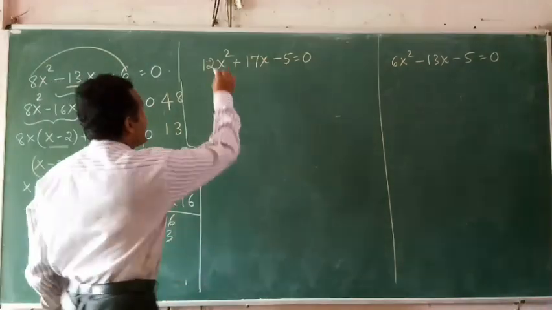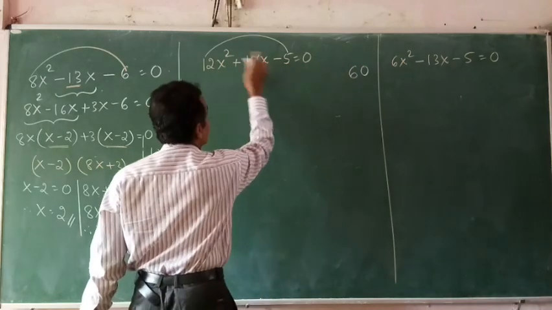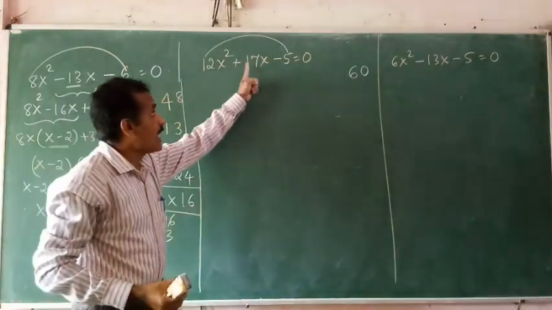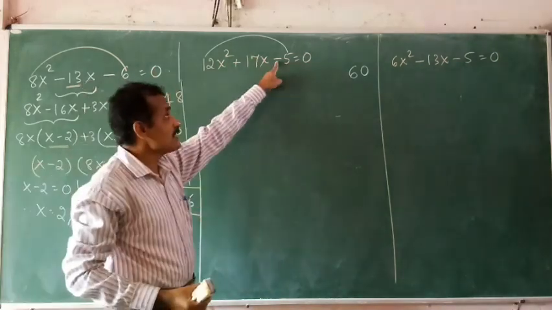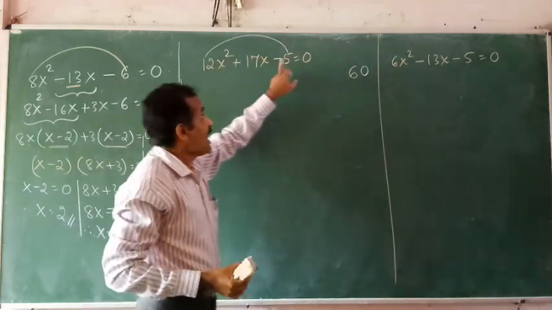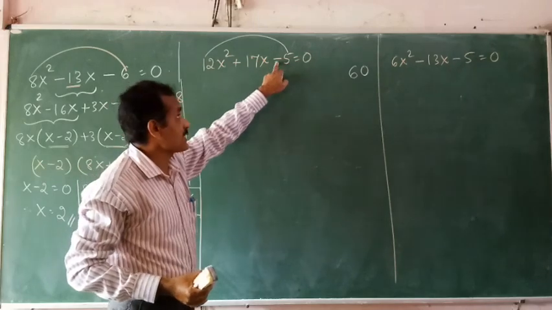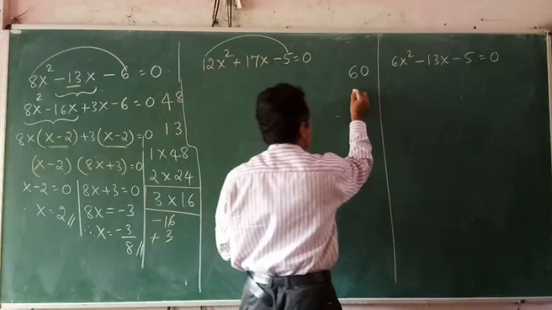Come on. On multiplying, I should get 60. And don't say on adding 17. No. On subtracting, I have to say this sign. I should say on multiplying 60 and on subtracting 17.